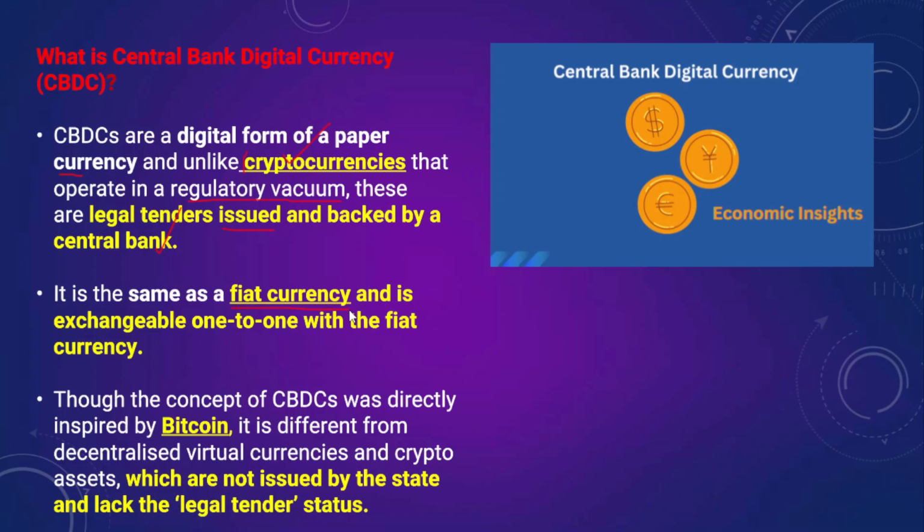Fiat currency means a legal tender, and it is exchangeable one to one with the fiat currency. Fiat currency means the fiscal currency or legal tender. So the central bank digital currency will also be exchanged with the fiat currency one to one. Though the central bank digital currency was directly inspired by Bitcoin, it is different from decentralized virtual currencies and crypto assets, which are not issued by the state or backed by legal tender status.